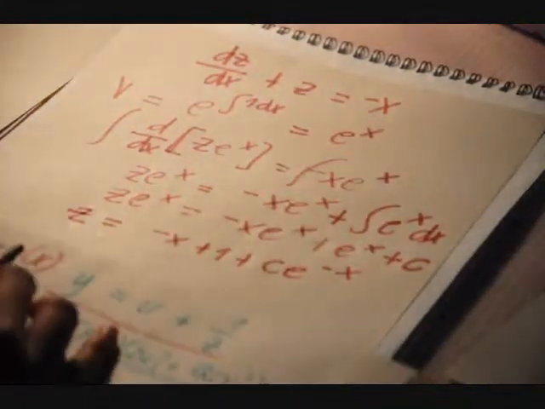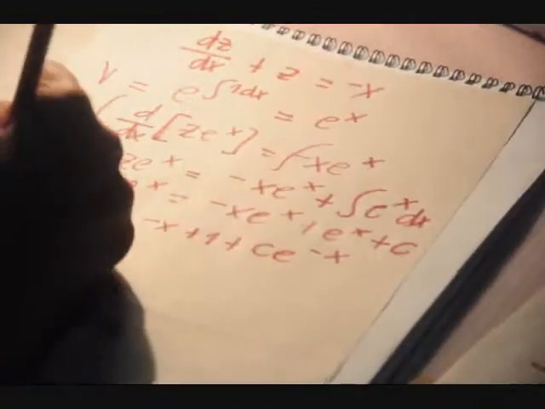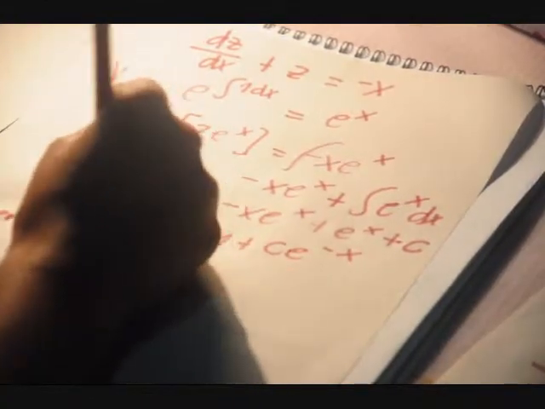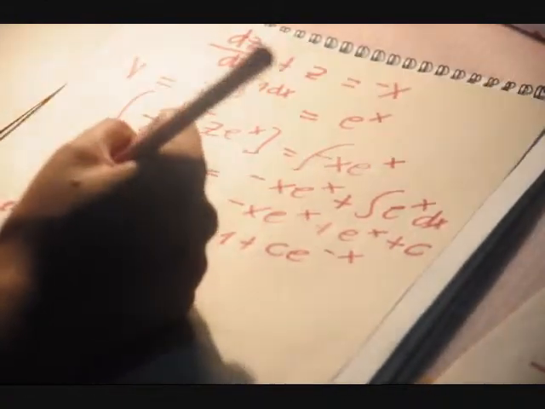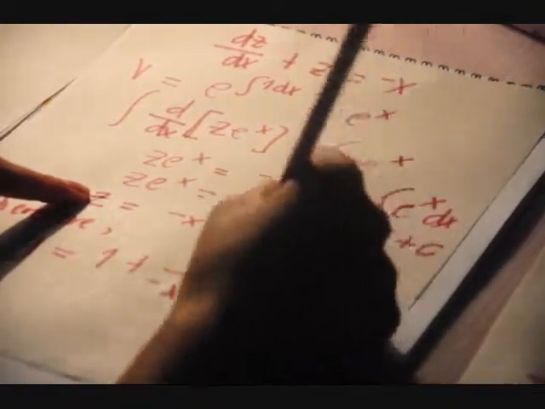We now substitute this into this equation, y is equal to u plus 1 over z. So now we have, therefore, y is equal to 1 plus 1 over z, where z is equal to negative x plus 1 plus c times e raised to negative x.